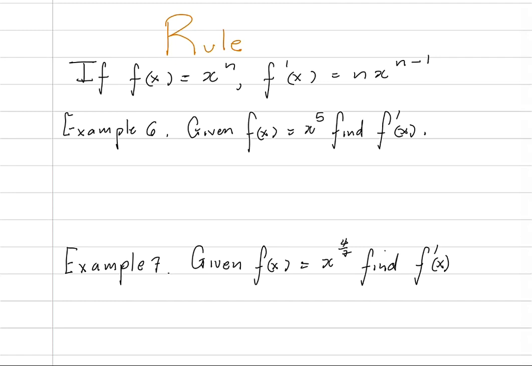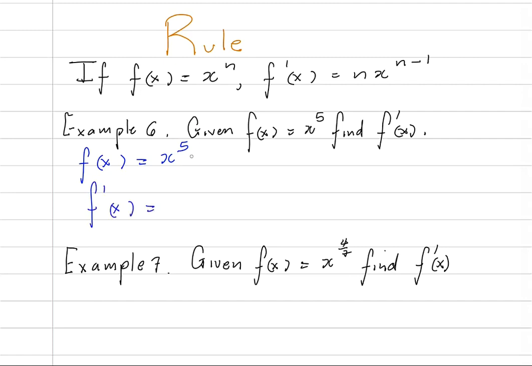So, for example, let us use this rule to deal with this question. Here we have f of x is equal to x to the fifth power, and we're to find the first derivative of x, or we're to find f prime of x. F prime of x is the first derivative.